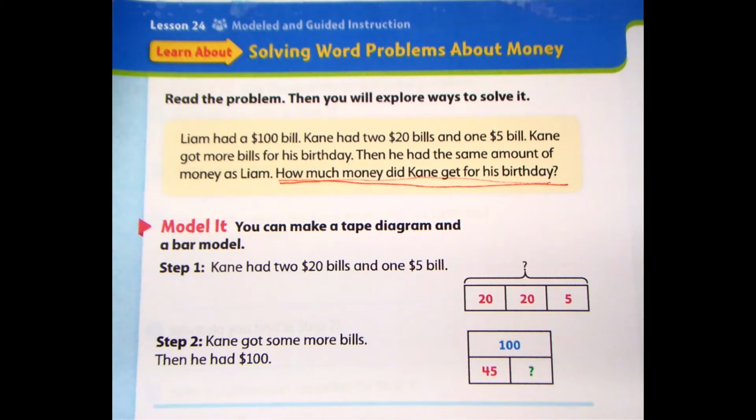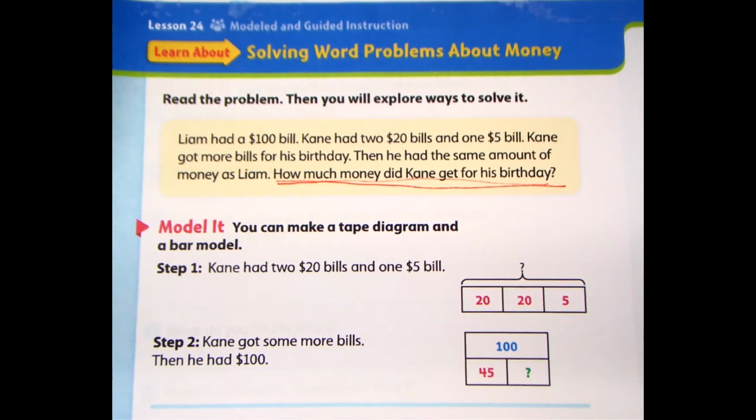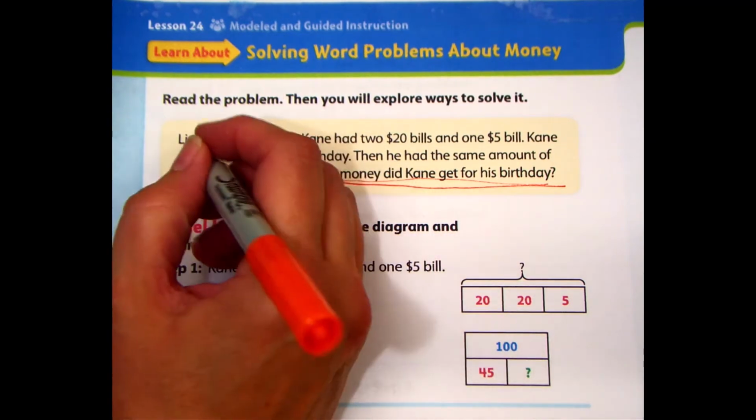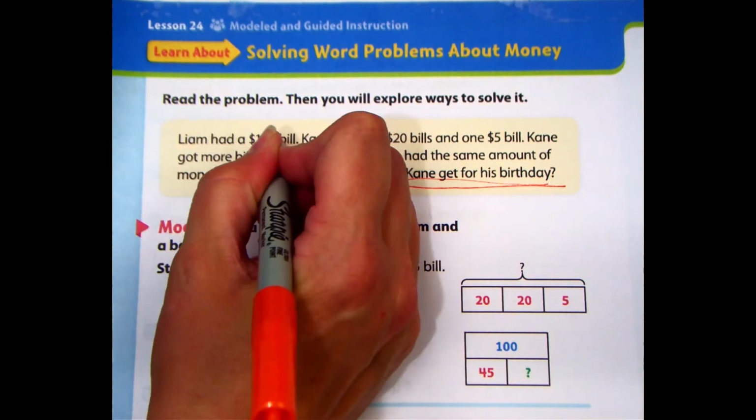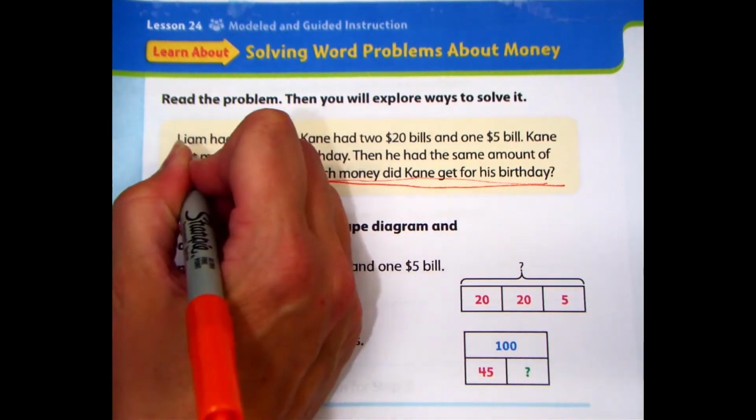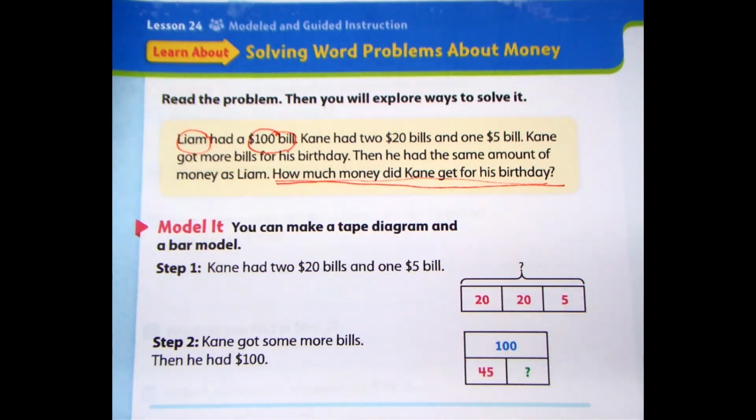Now they're going to show you using a tape diagram and a bar model how to solve this problem. Okay, so the information I know. I know that Liam has a $100 bill. Okay, this is Liam.